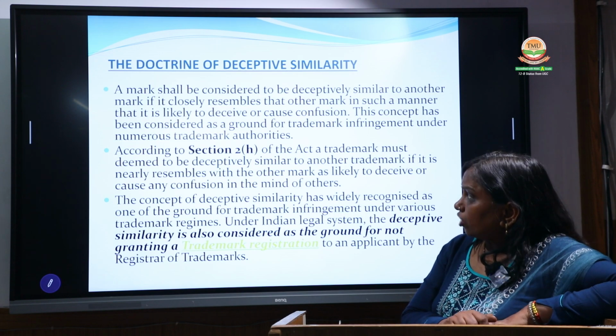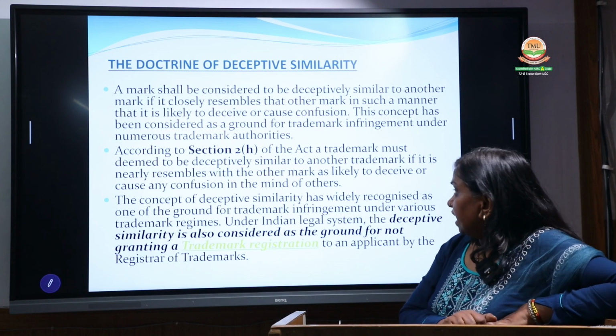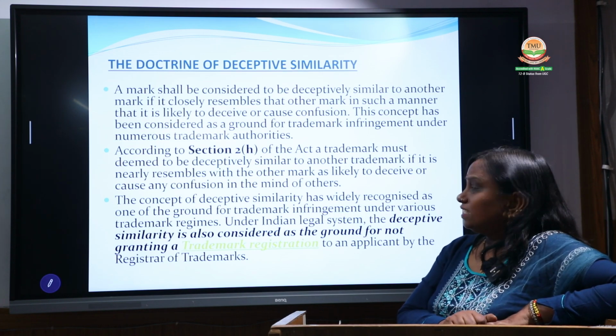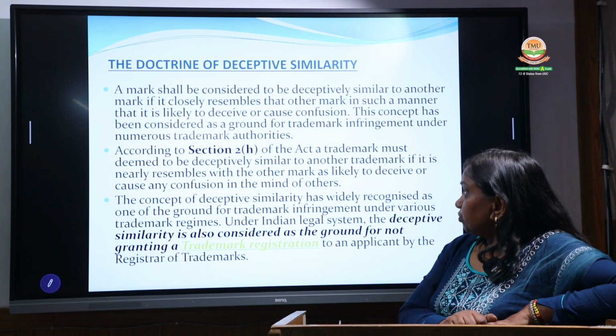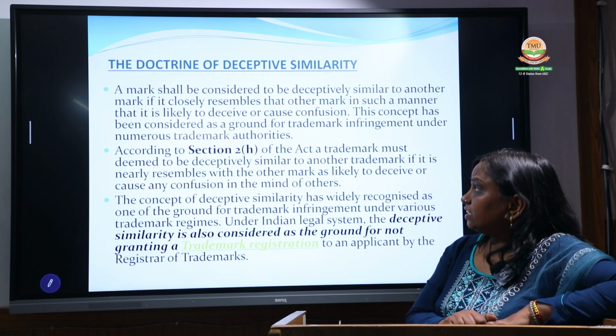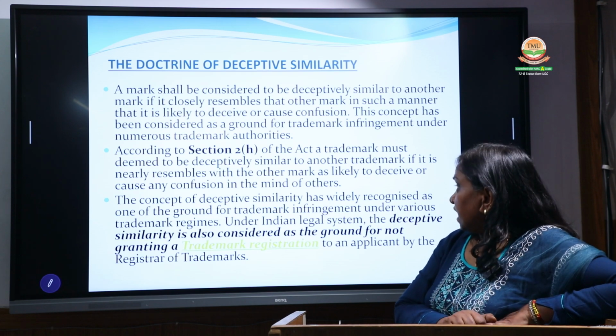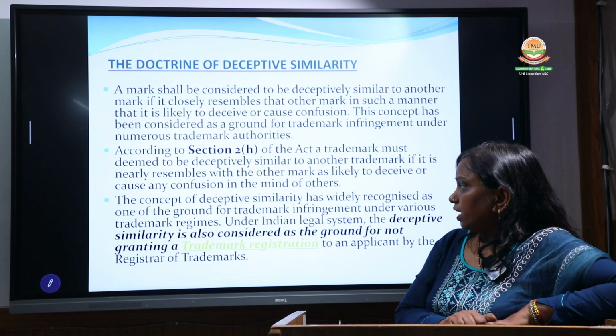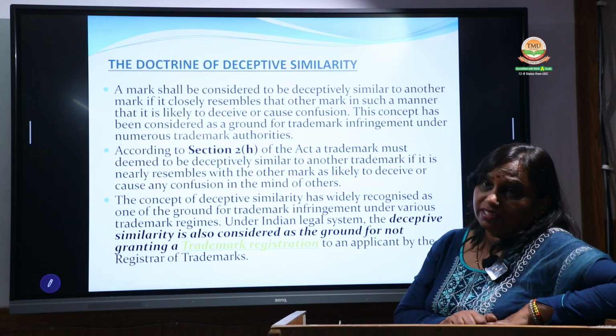Another thing is, according to section 2(h) of the Act, a trademark must be deemed to be deceptively similar to another trademark if it nearly resembles the other mark as likely to deceive or cause confusion in the mind of others.